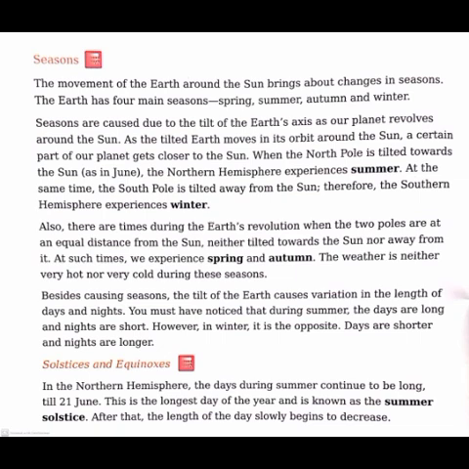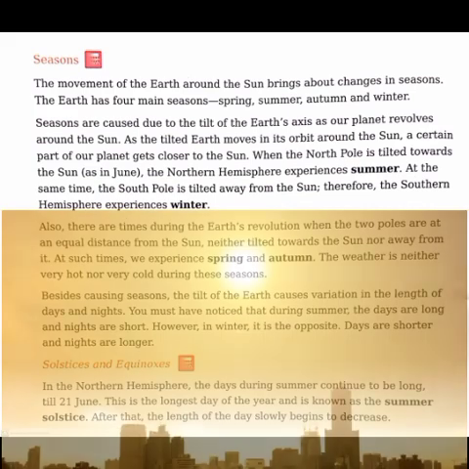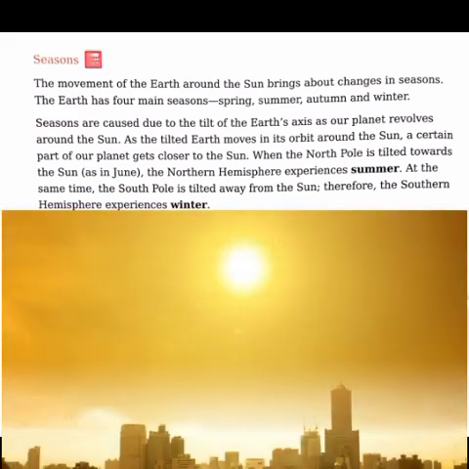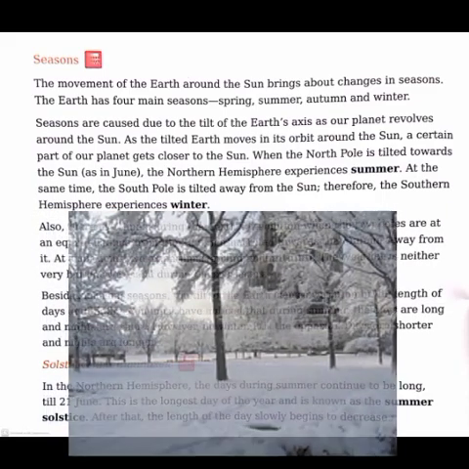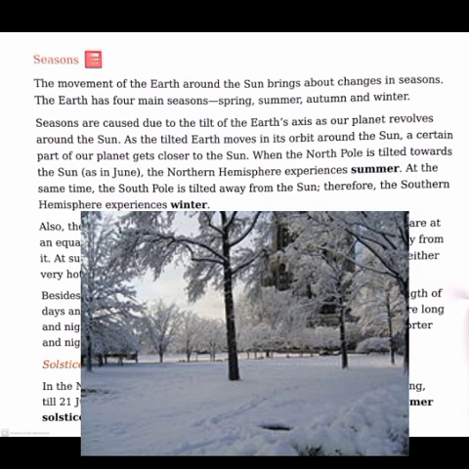When the north pole is tilted toward the sun, the north pole or northern hemisphere experiences summer, and the south pole or southern hemisphere experiences winter. The south pole is tilted away from the sun. That's why the southern hemisphere experiences winter.